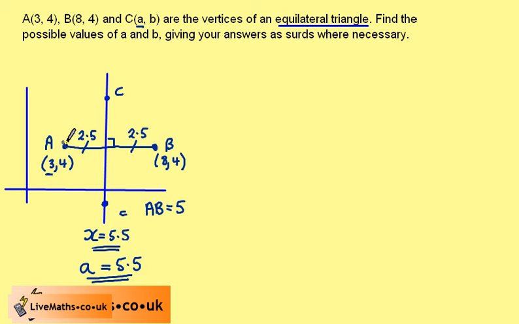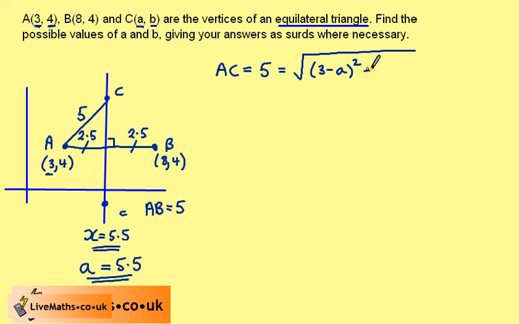We now use the fact that AC must be equal to 5, since we're dealing with an equilateral triangle, and we know AB is 5. So AC is 5, and we know the distance between 2 points formula, so we do the difference between the x-coordinates, in this case 3 and a, so (3 minus a) squared, plus the difference between the y-coordinates, 4 and b, so plus (4 minus b) squared.